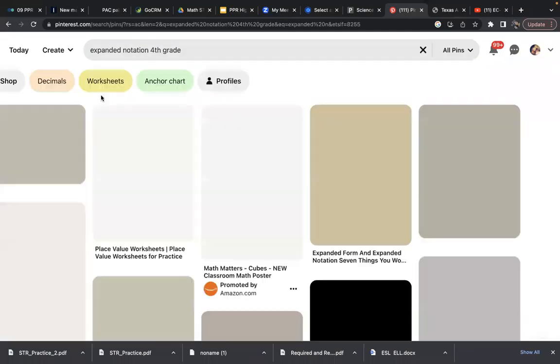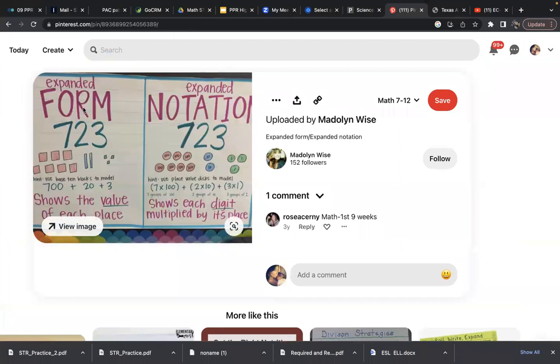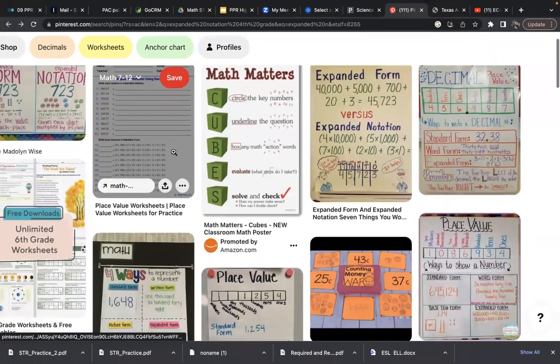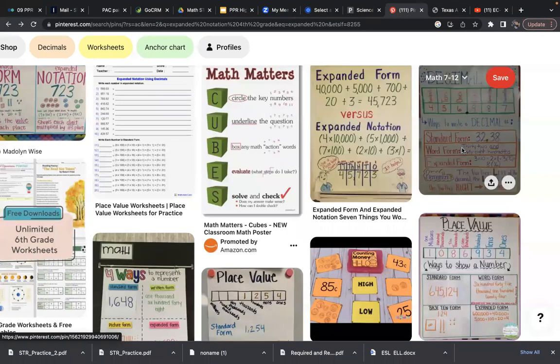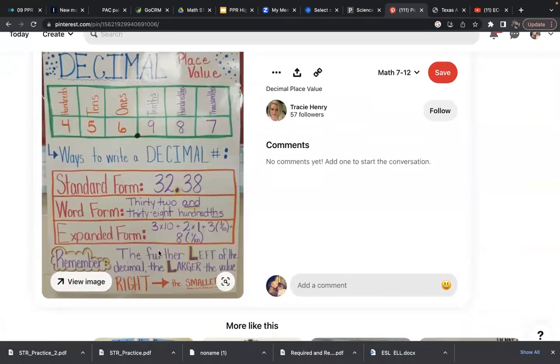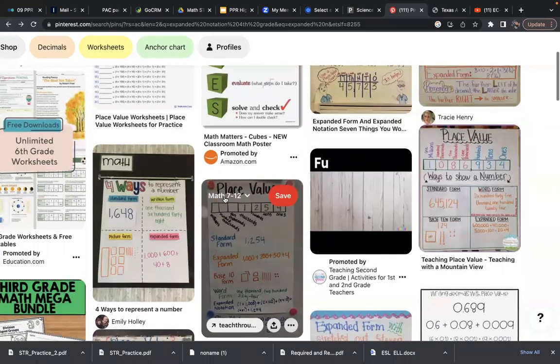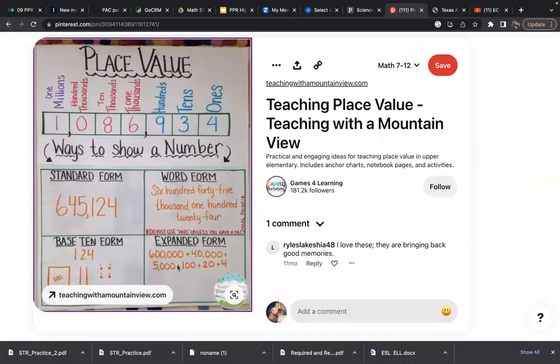Notation, we're in the fourth grade. Expanded form, expanded notation.